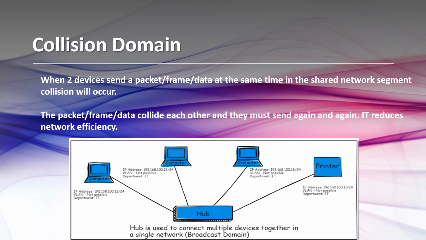Here we have a hub which connects the different devices together for communication, and all these devices belong to the same network. In case this computer and this computer try to send data to this computer and both send it to the hub, the hub receives the data or frame from both devices and a collision can happen.